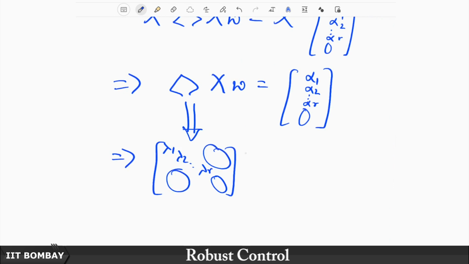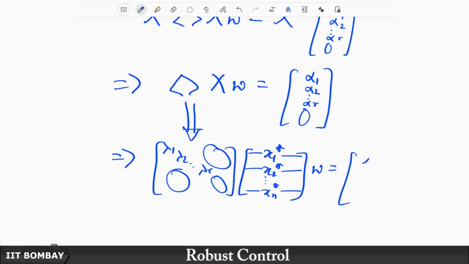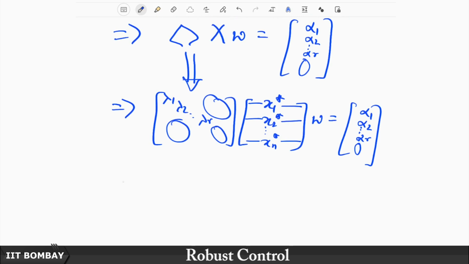And this X, I can write in this fashion, as x1 star, x2 star dot dot dot till xn star, times W is equal to this alpha 1, alpha 2 dot dot dot till alpha r and then the remaining zeros.